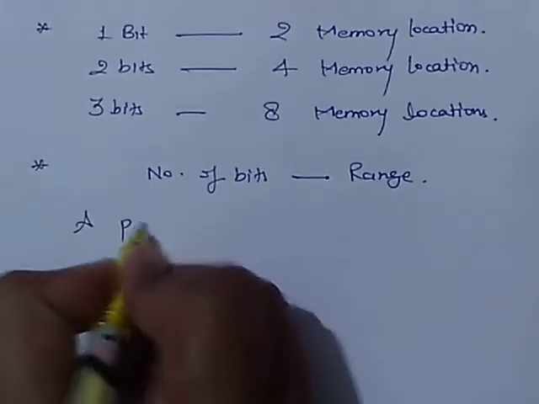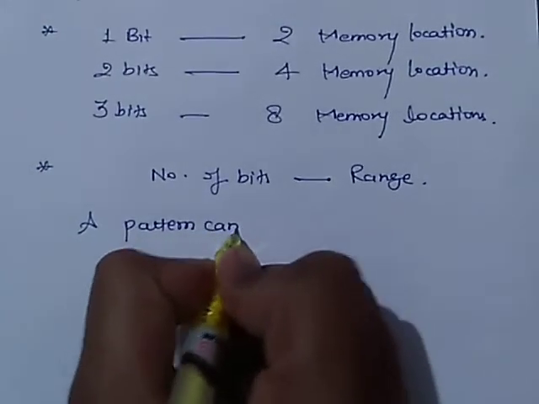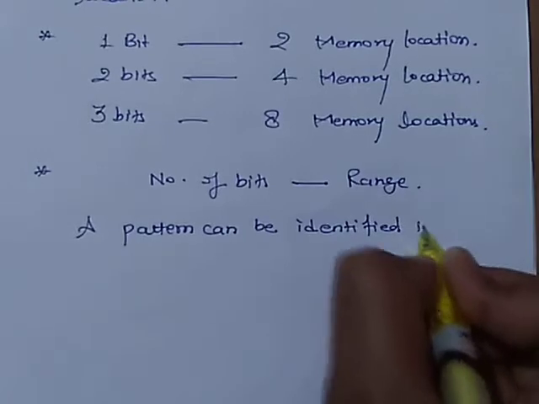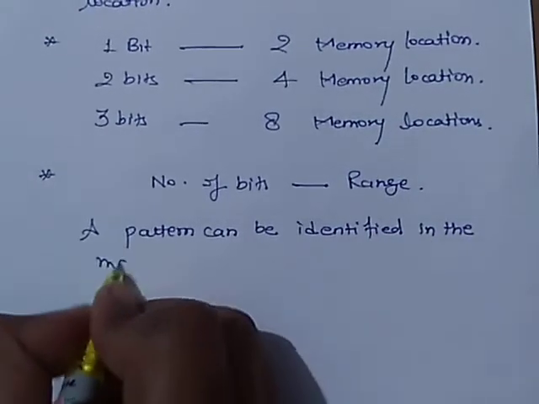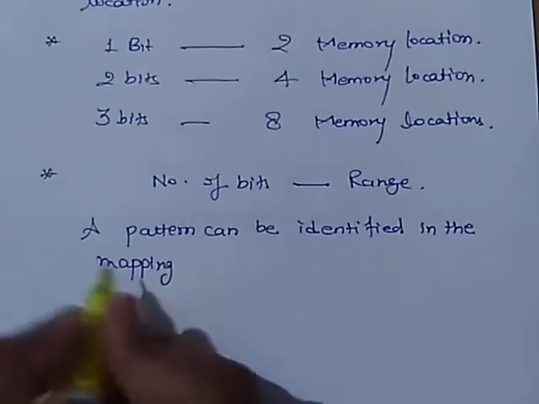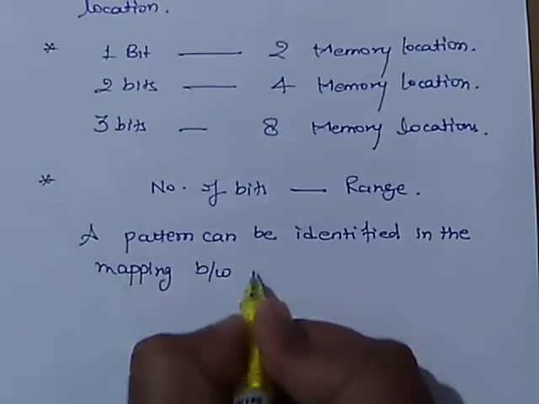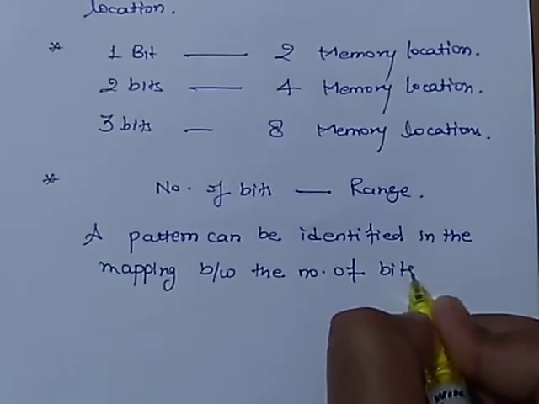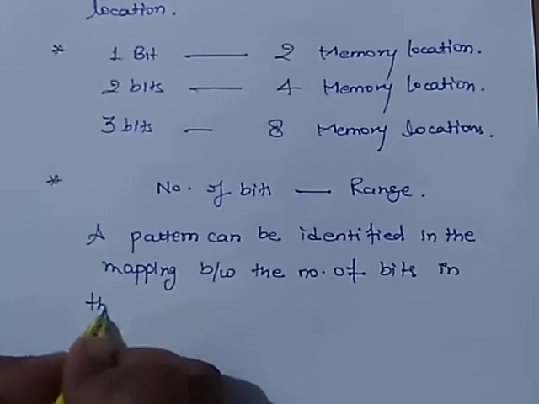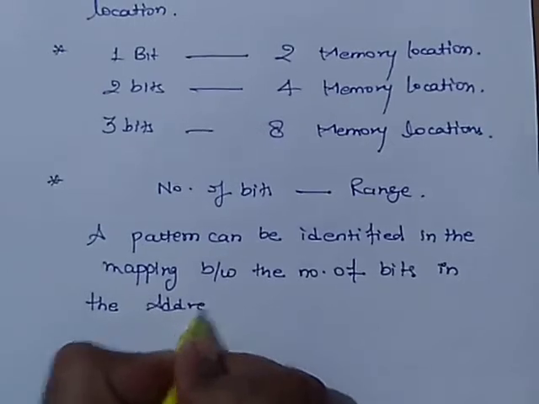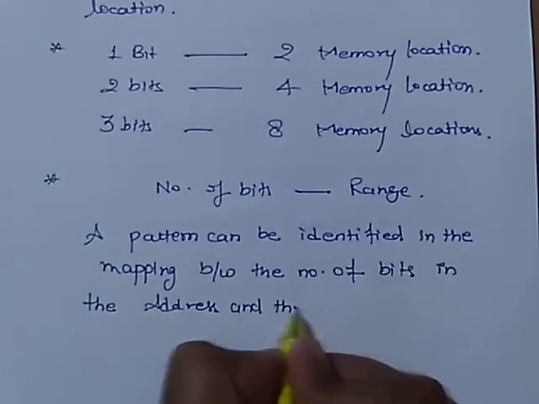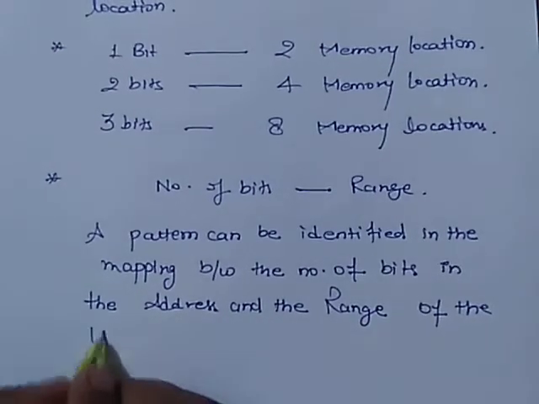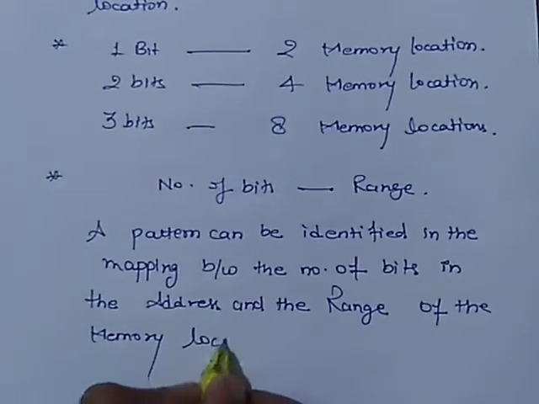So a pattern can be identified in the mapping that is performed by an operating system between the number of bits in the address and the range of the memory locations.